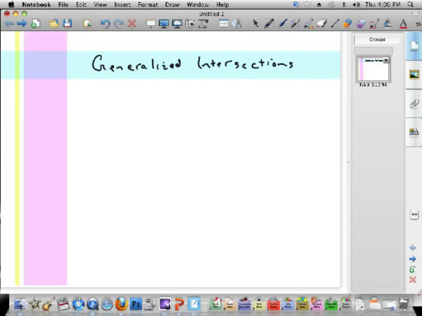If you have set 1, set 2, all the way up to set n, you can denote this simply as the intersection from i equals 1 to n of set i. The only thing different from unions is that the practice is a little bit different. Rather than taking the union of all the sets, we would take the intersection.